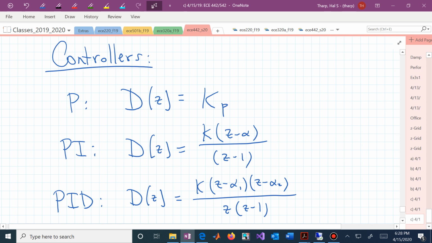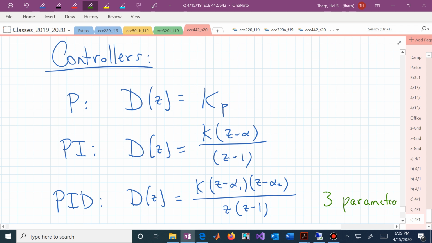We have the pole at z equal to 1, that's the z minus 1 factor. We also have a very fast pole, a pole at the origin, that's the z, and then we have 2 zeros that we can select, so we have 3 parameters in a PID controller to manipulate.